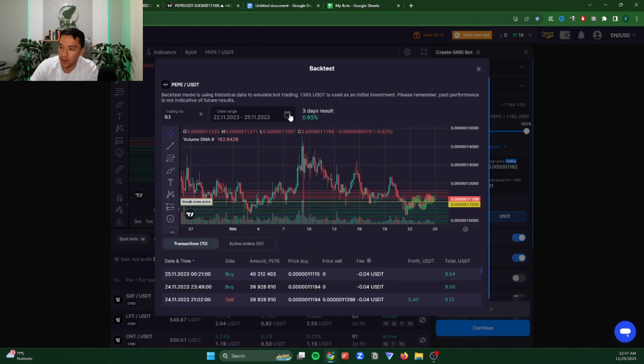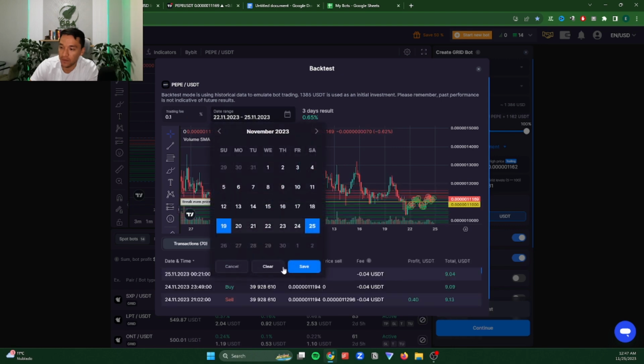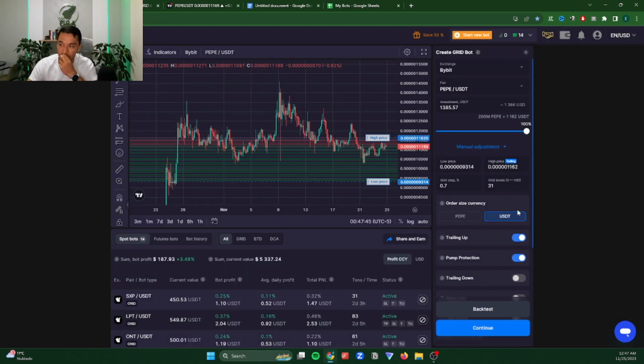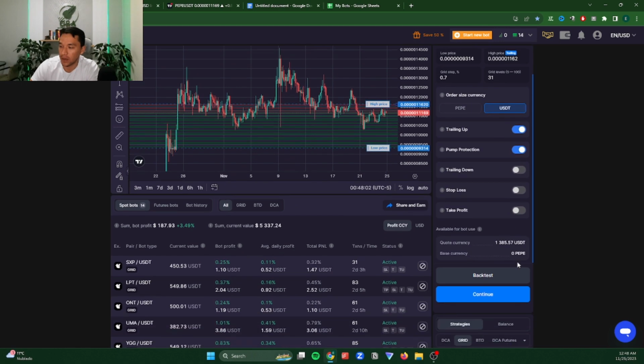In the last 3 days, about 0.65. Last 6 days, about 2.7. Right, so that's not something that I'm looking for. I'm looking for ideally something that it's giving me 0.5% per day. So in this case, Pepe has all of the confirmations so far, but I'm not happy with the results that it's giving me, so I'll go ahead and keep moving on.